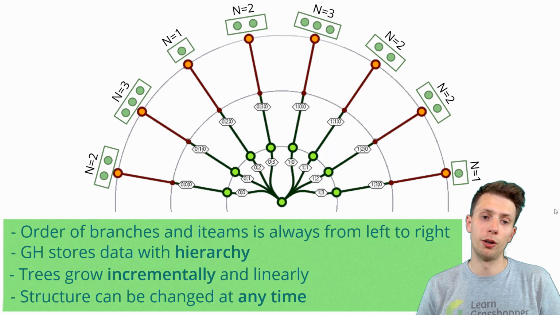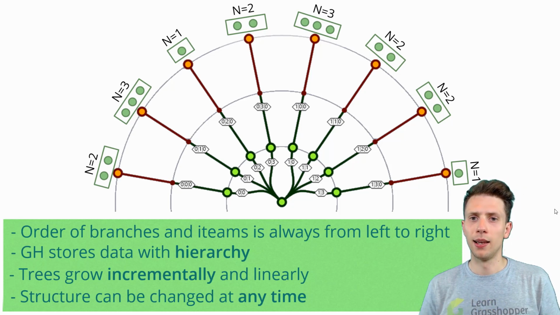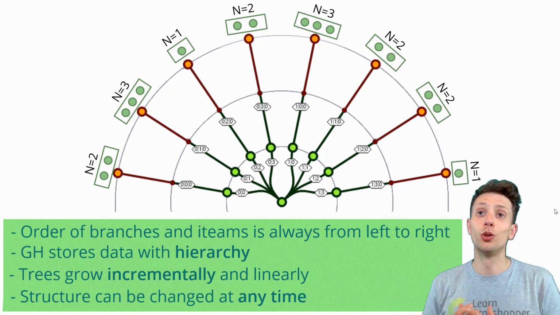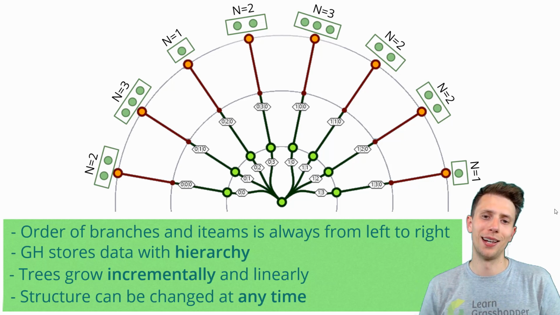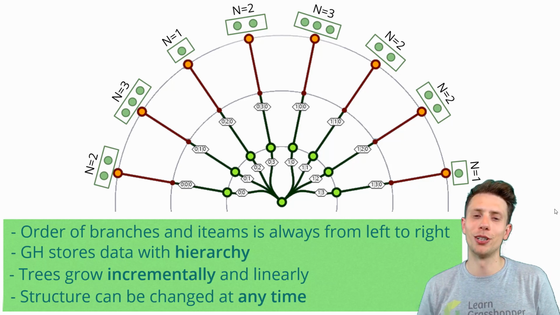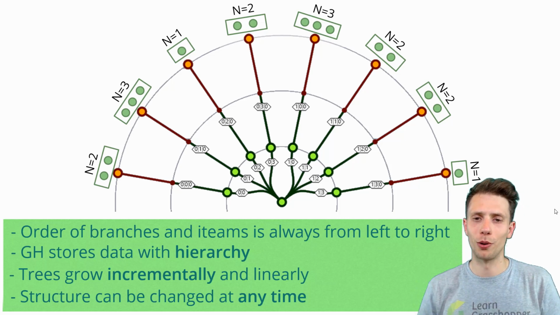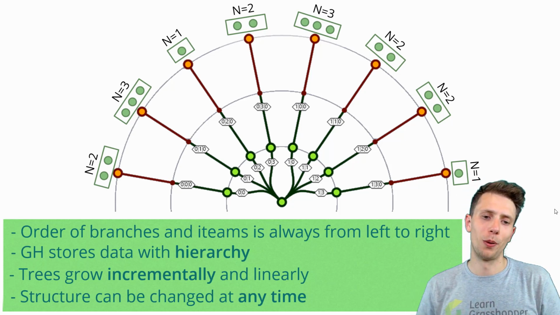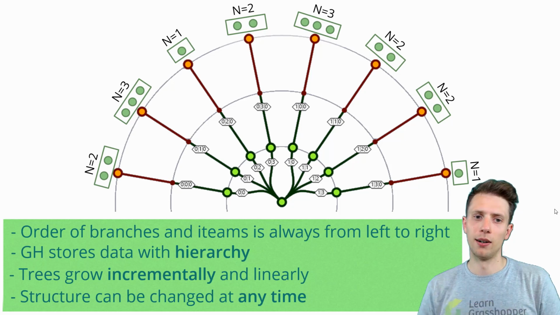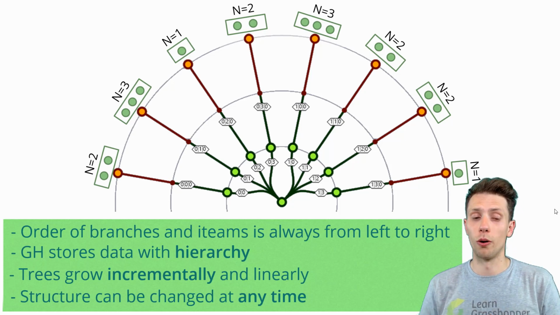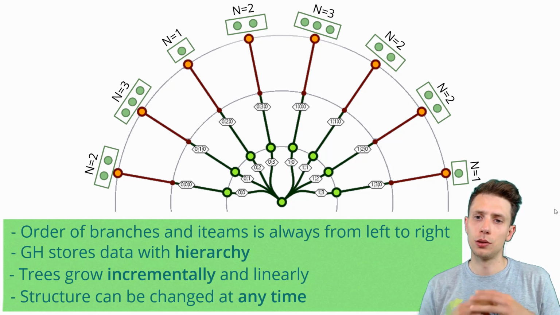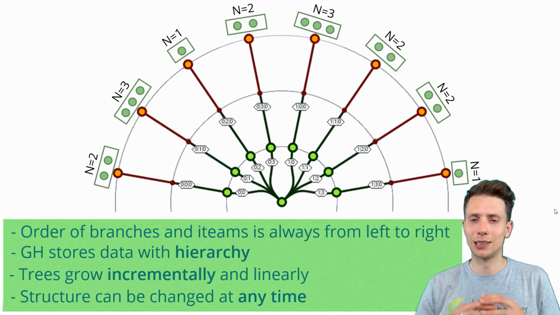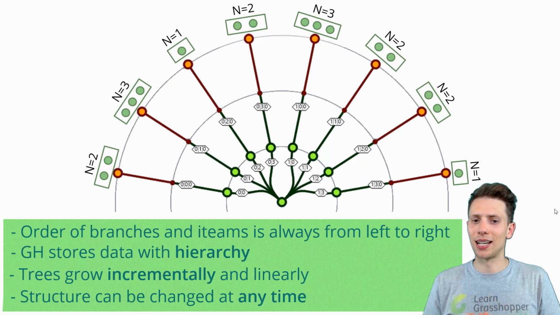Trees grow incrementally and linearly, so there should not be any gaps between branches. I will show you some bad tree examples. As a principle, it's supposed to be a really linear growth of the tree. And it's really important to remember that this tree structure can be changed at any time.